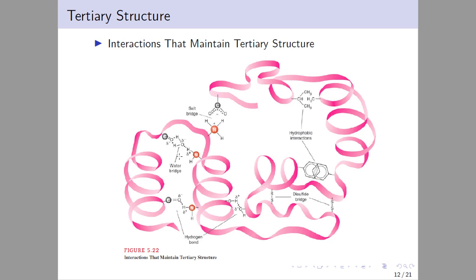And this is a water bridge, oxygen, this water and this water can share the electron or the hydrogen, and these are just a hydrogen bond. So you can see that when a residue interacts with other residues, we can fold the long polypeptide into, let's say, this tertiary structure.